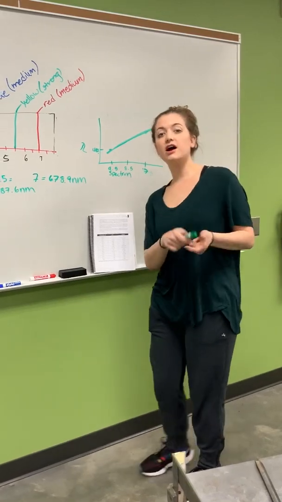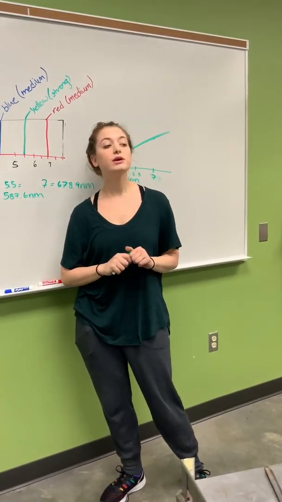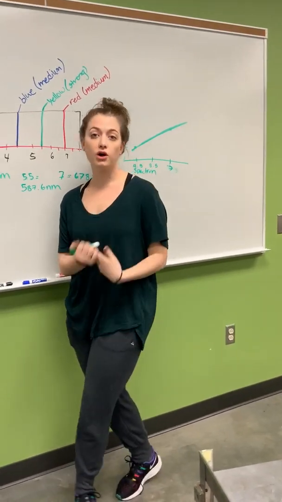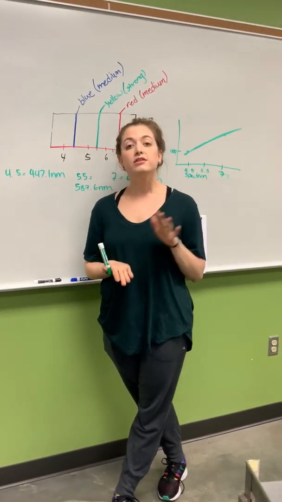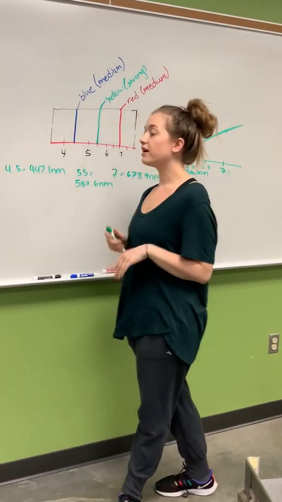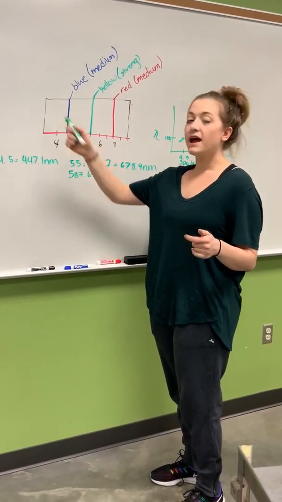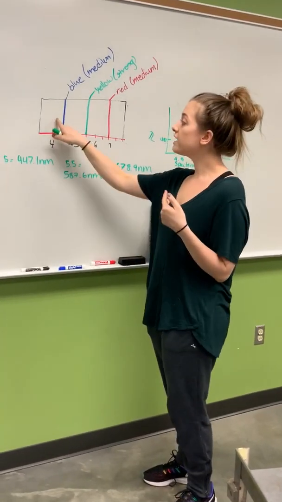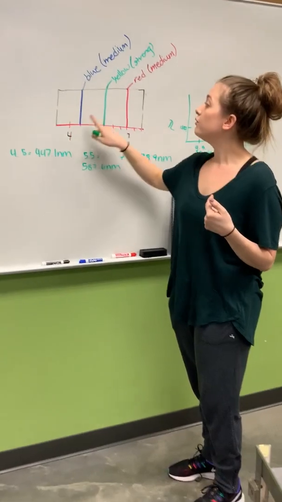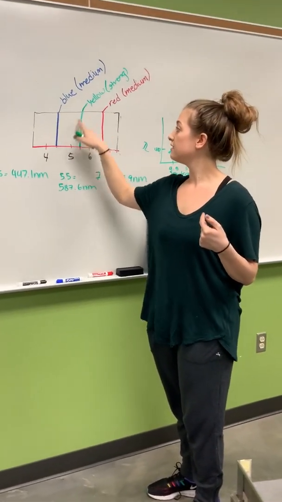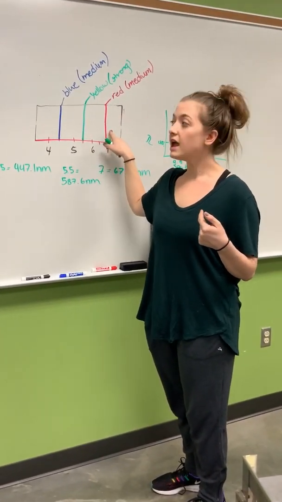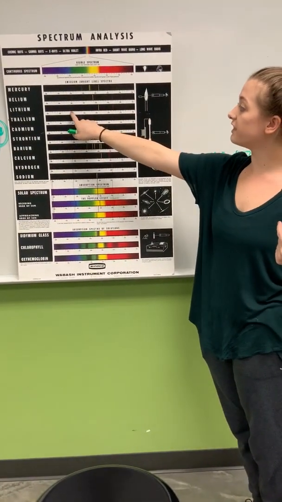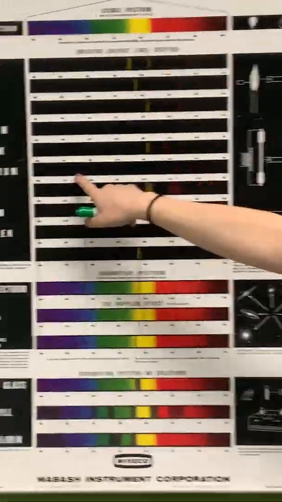The next thing we need to talk about is the salts that we burned. So we burned some salt, we got some colors, that was fun, but there were some unknowns that you will have data for. Those unknown data is gathered by burning something that is either strontium or lithium and looking at it through the spectroscope. We then find the spectral lines, and we will compare those to the literature values of lithium and of strontium.